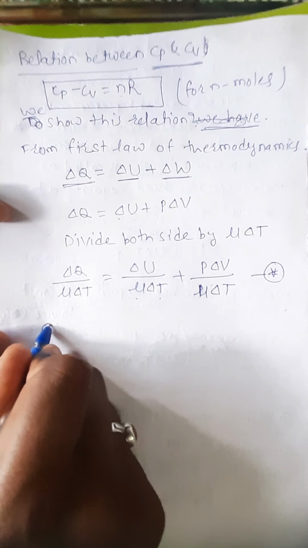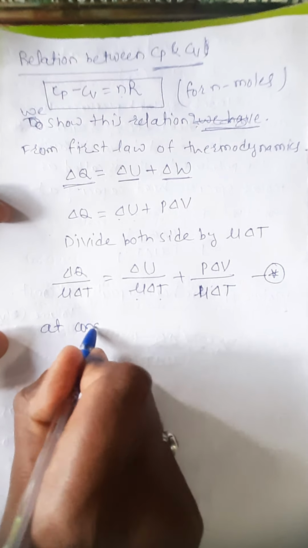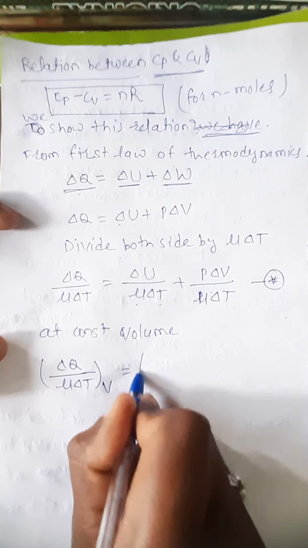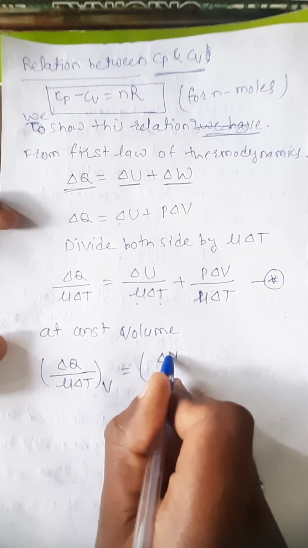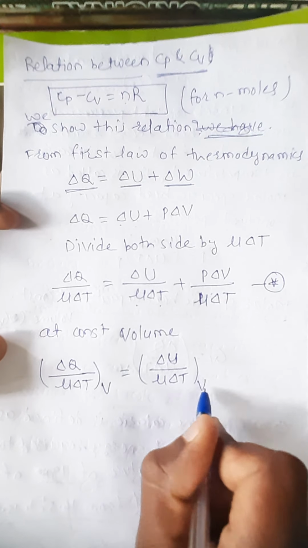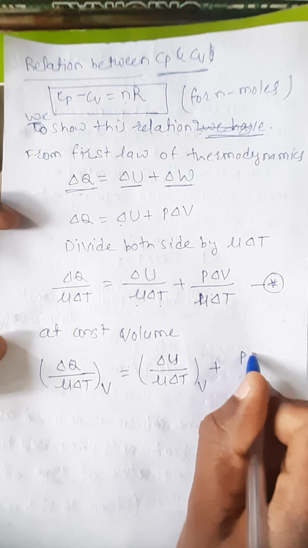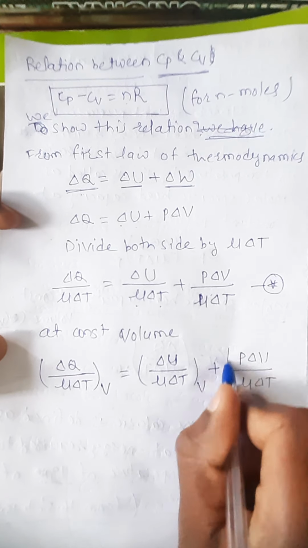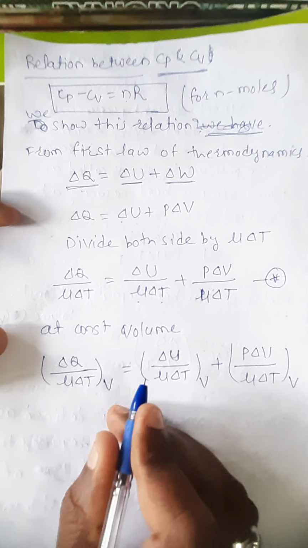Now, at constant volume, what happens? Delta Q divided by mu into delta T at constant volume is equal to delta U divided by mu into delta T at constant volume plus P into delta V divided by mu into delta T at constant volume.